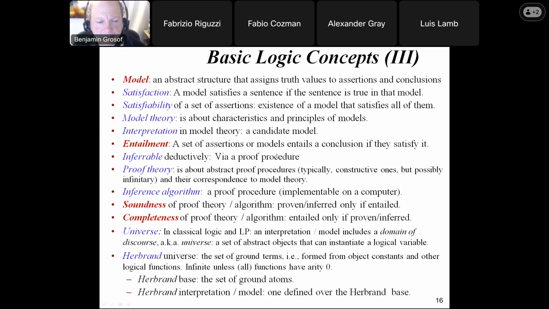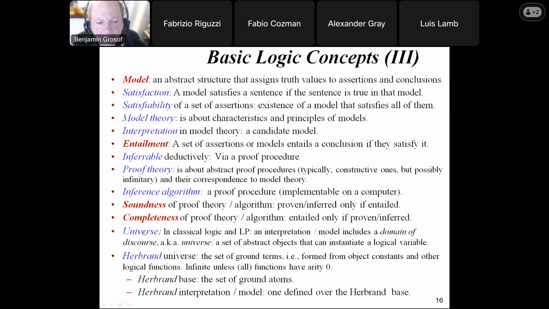It's in terms of so-called proof theory, which is about abstract proof procedures, typically constructive but possibly infinitary, and their correspondence to model theory. An inference algorithm is a proof procedure that's implementable on a computer. Soundness of proof theory is that if something is inferred, then it is entailed. Completeness is the other direction, that if it's entailed, then it will be inferred.